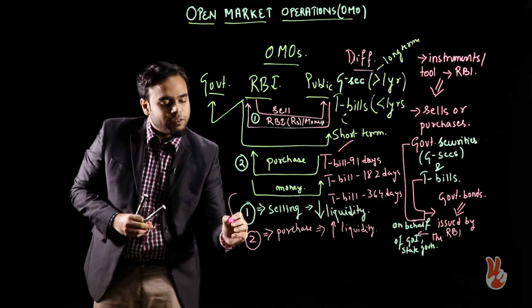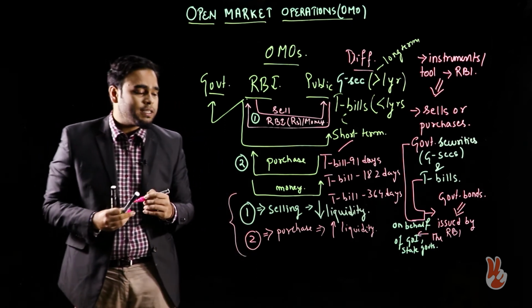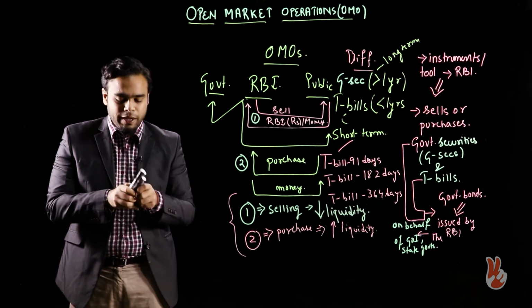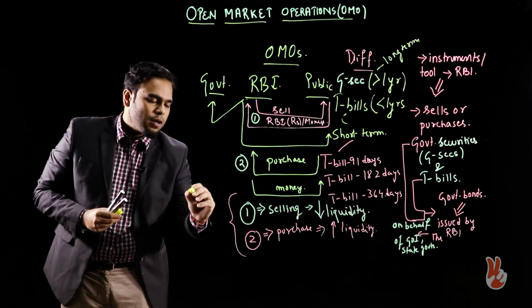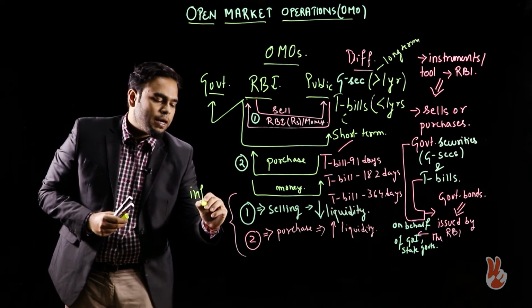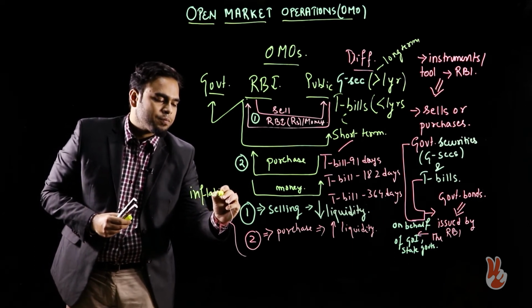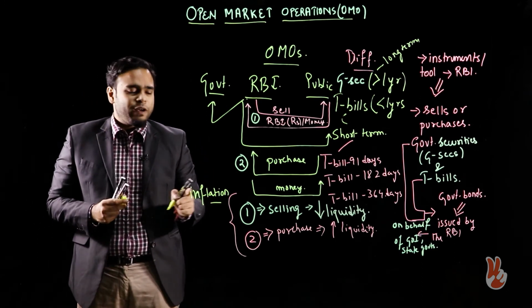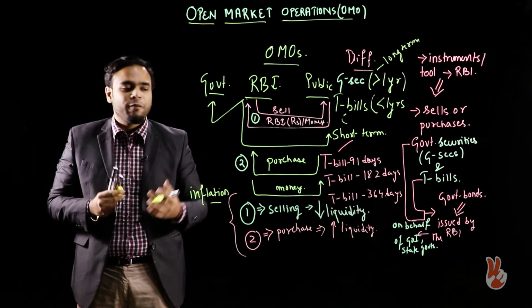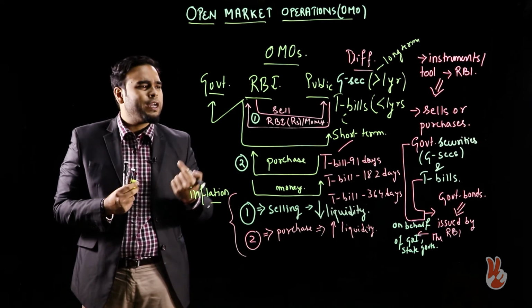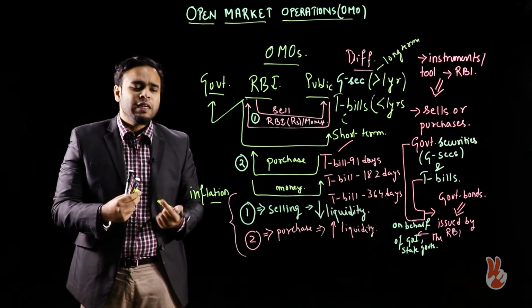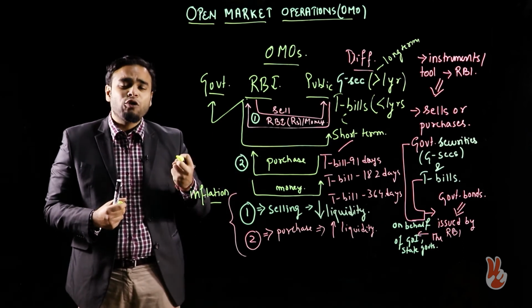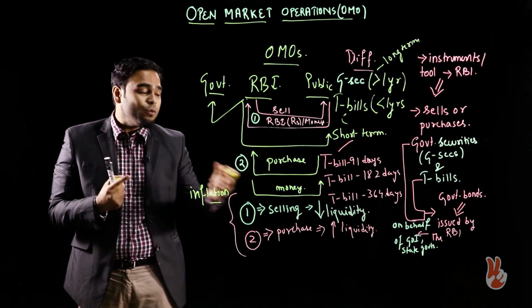As a result of this, we can give a conclusion here is that OMOs are operations which are conducted by the RBI in order to regulate or control inflation. Fine. For example, if inflation is very high, what will the RBI do? Will it sell or will it purchase? Since inflation is very high, RBI will try to suck out liquidity from the market. And when will it happen?